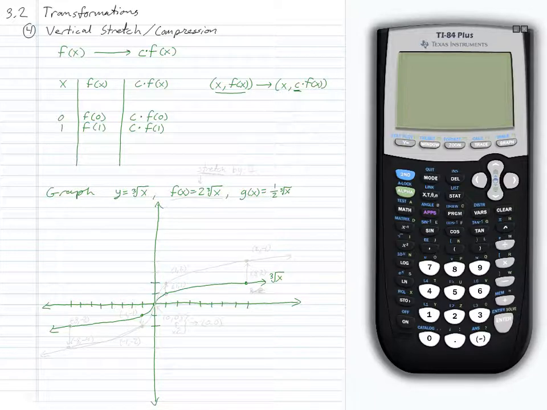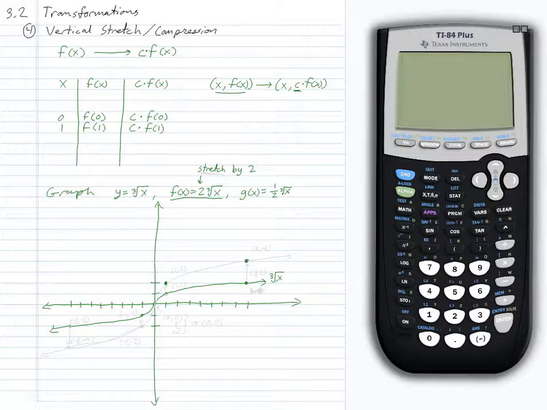Now, what is different about f of x? Well, every point is going to get stretched by a factor of 2. In other words, every point is going to be twice as tall. So the point (1, 1), the y-coordinate is going to get multiplied by 2 and move up to (1, 2). (8, 2) is going to be twice as tall.